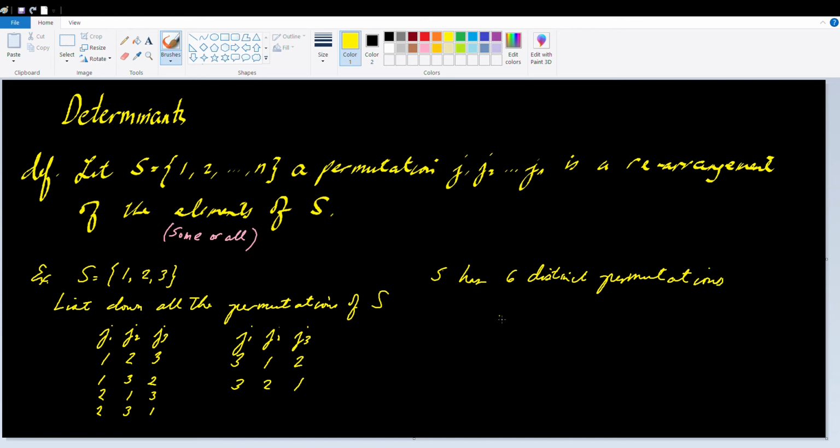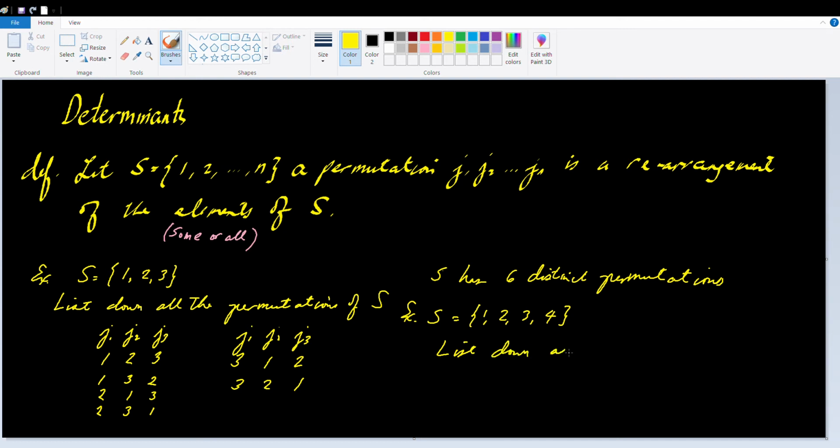Alright? How about for S equal to 1, 2, 3, and 4? Will you list down all the permutations of S?